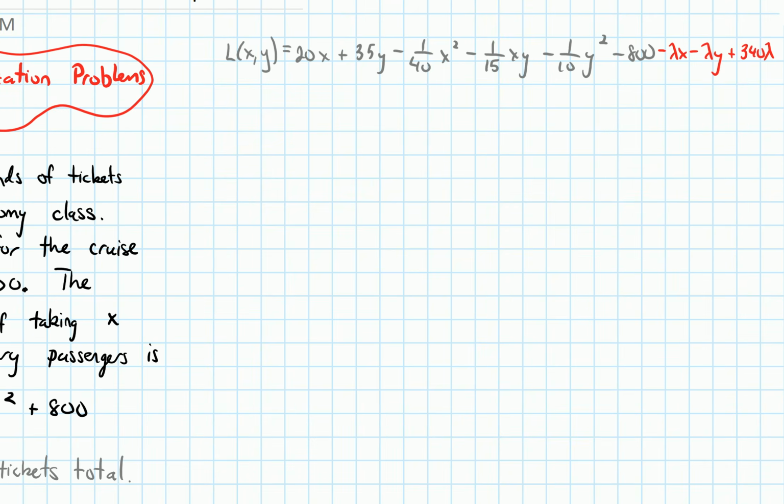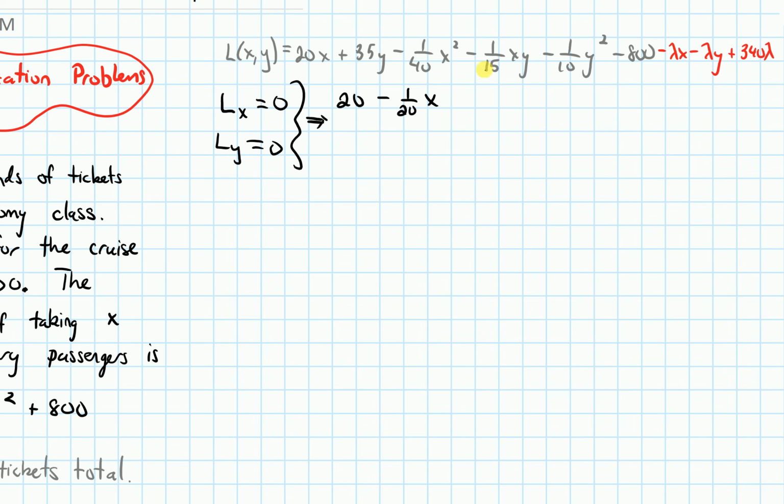So here is our Lagrangian function. Let's find the critical points. So we are going to need to take the partial derivatives, Lx and Ly, and set them equal to 0. Okay, so if I take the partial with respect to x, from the first term I'll get 20. The second term, I'll get 0, because there's no x's in it. It's treated as a constant. For the third term, I'll get minus 1 over 20x.